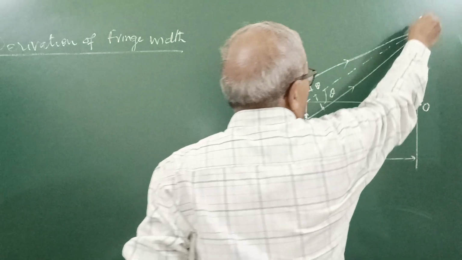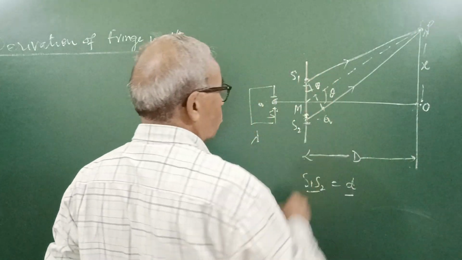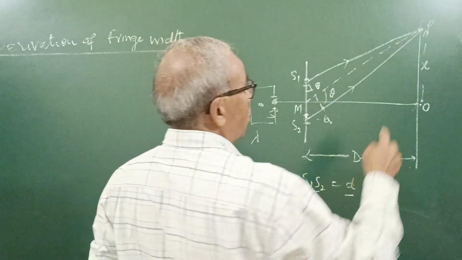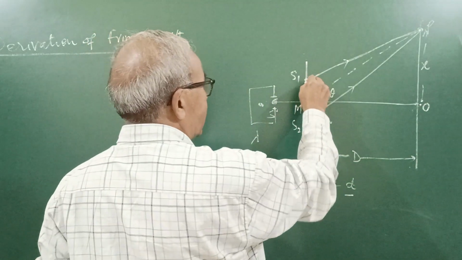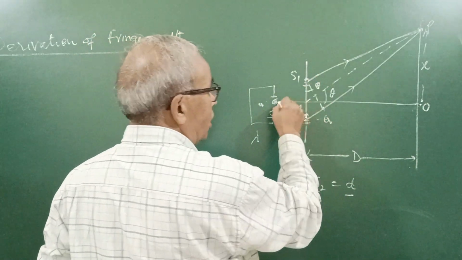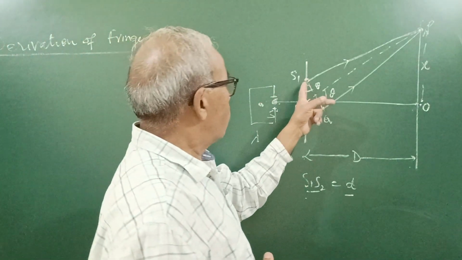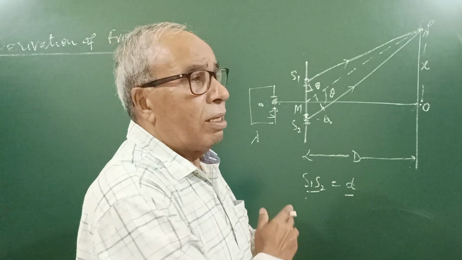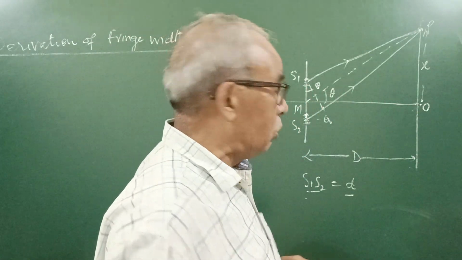Here OP is the screen at distance capital D from the plane of the two slits, S1S2 is small d, and point O lies on the right bisector of S1S2 and is equidistant. Light waves going from S1 and S2 to O travel equal distance, and equal distance means they meet there with path difference 0.